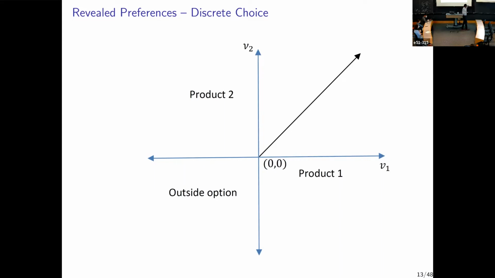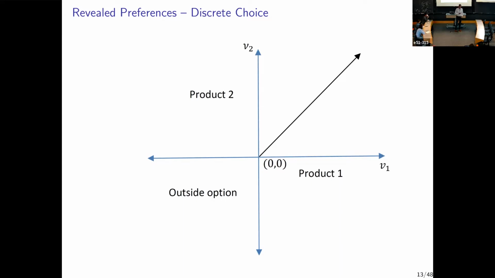Okay, so basically, if your indirect utility is negative for both products, you just don't buy either of the two products. So in this negative orthant, you're going to stay with the outside good. If you value product 1 more than the outside option, and you're below the 45-degree line, meaning that you value good 1 more than good 2, you're going to pick good 1, and otherwise you pick good 2. That's easy.